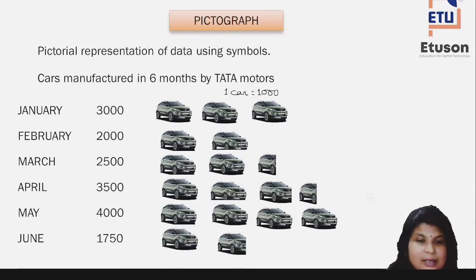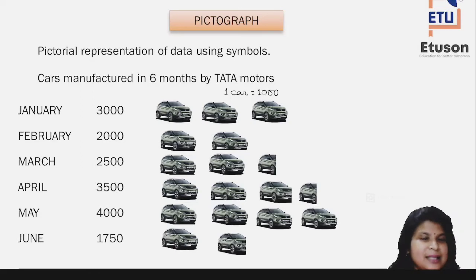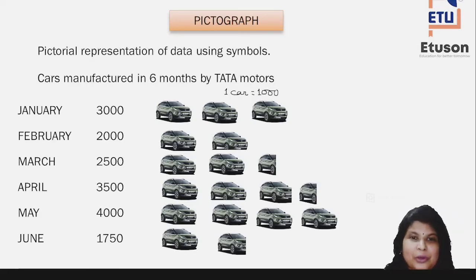One car and the other car 75%. Now, one thing you tell me. While drawing, is it possible to take 50%, 75% of any object accurately? Definitely not. So pictograph is not so accurate when you are considering large data. Correct or not? To make it more accurate, we have different types of graphs.